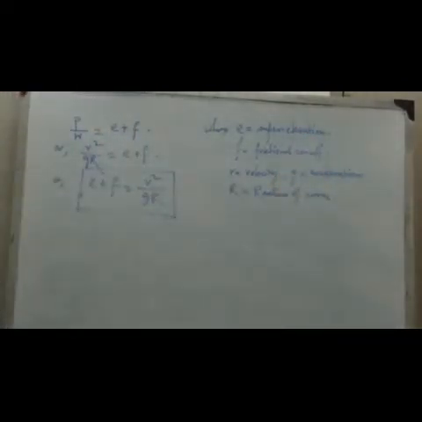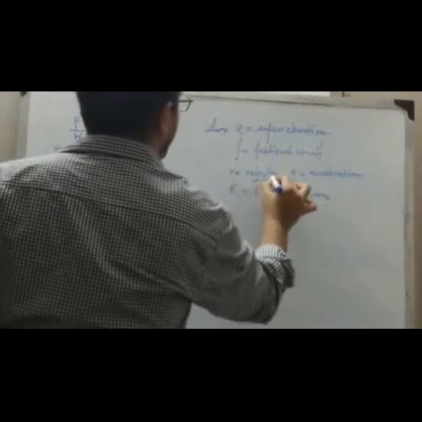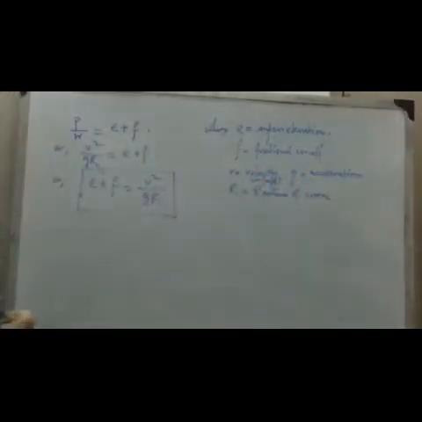Okay, so this is the actual equation of equilibrium super elevation, where V is in meter per second. So this is important, where velocity is in meter per second.